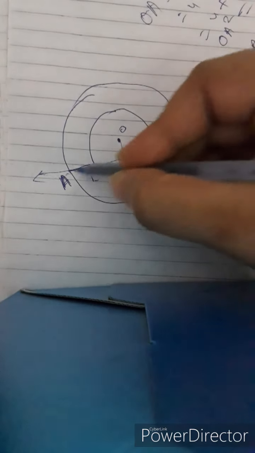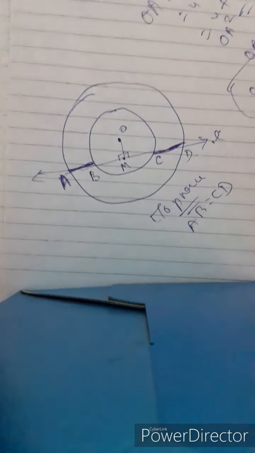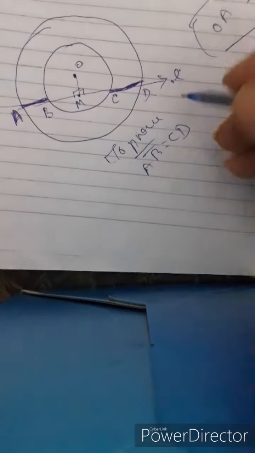That is, this equals this. How do we do that? I'll just show the proof.